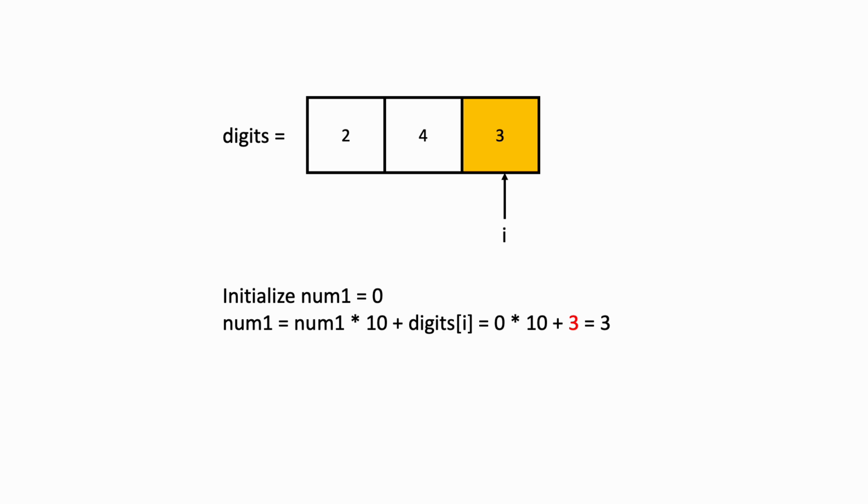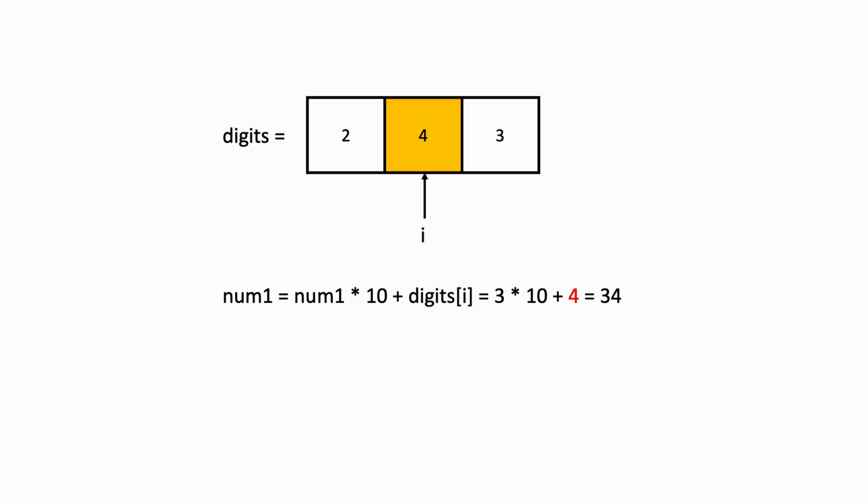We will iterate through each element in the digits array in reverse order to construct the integer of linked list 1 using this formula. The i-th pointer is at the last element, 3, of the digits array and the value of variable num1 will be 3. The i-th pointer is at the middle element, 4, and the value of num1 will be 34. The i-th pointer is at the first element, 2, and the value of num1 will be 342.